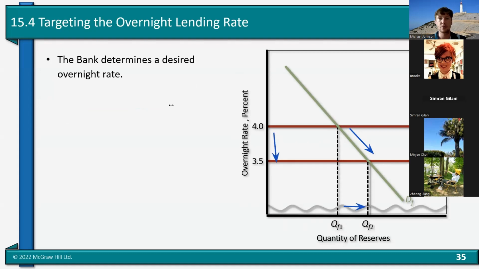Reduced interest rate, higher money supply. That's how it would be shown here. Lower interest rate, higher money supply.